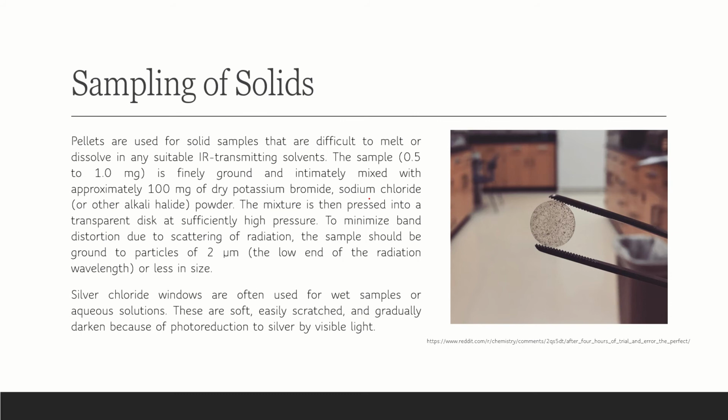So to avoid this while using wet samples, we use silver chloride windows that are soft and easily scratched, but they are photosensitive. So they will be reduced when they come in contact with light.